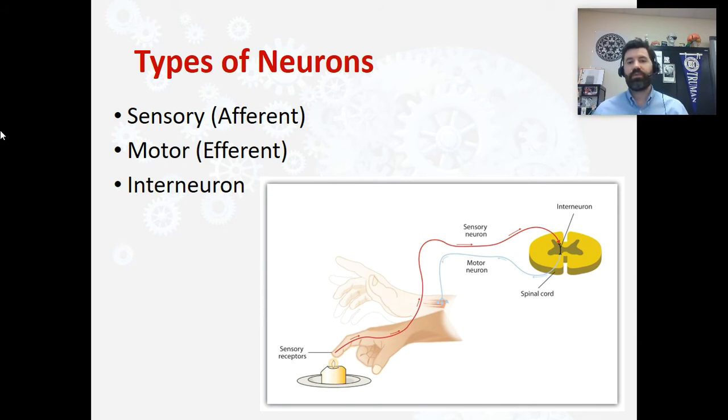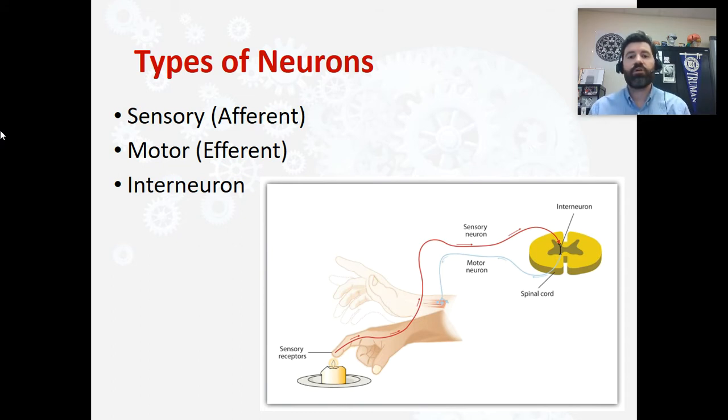And then again with the interneurons. Interneurons are found in our brain and in our spinal cord. And something that's kind of cool, we have these interneurons in our spinal cord, right? So for reflexes, like when you touch something hot or if you step on something sharp, the way that reflexes work, like a true physiological reflex, you can have a message travel through your sensory neurons toward your brain and spinal cord.